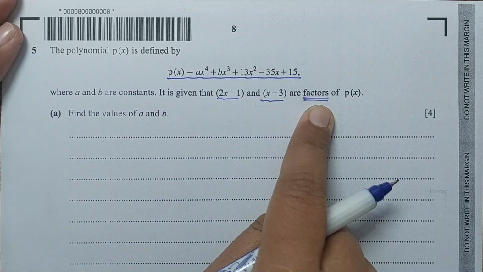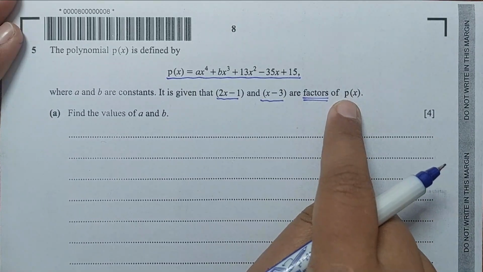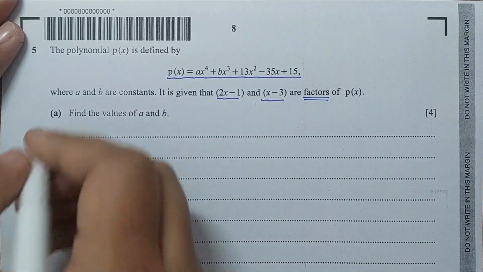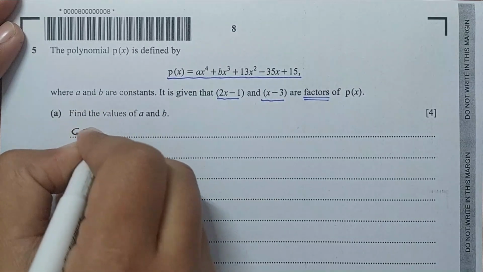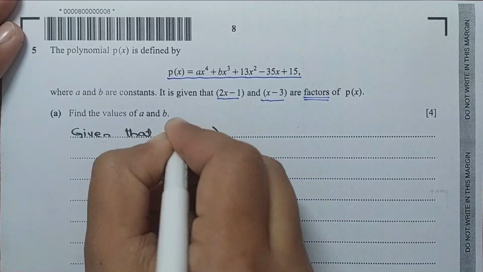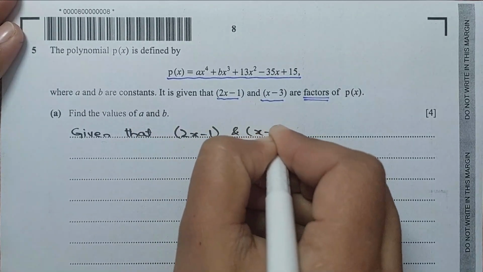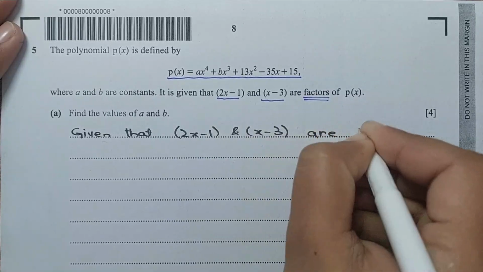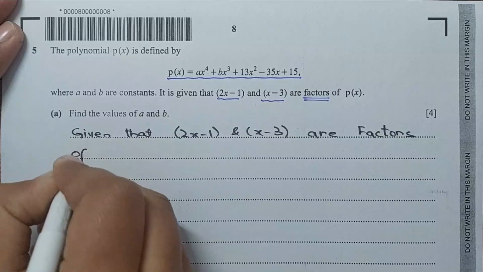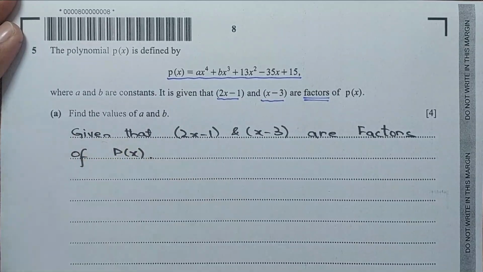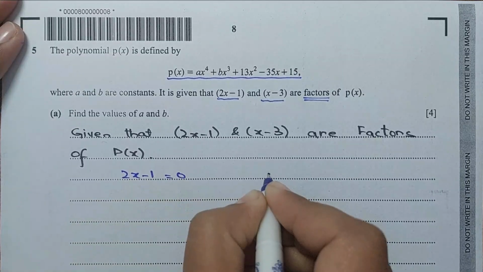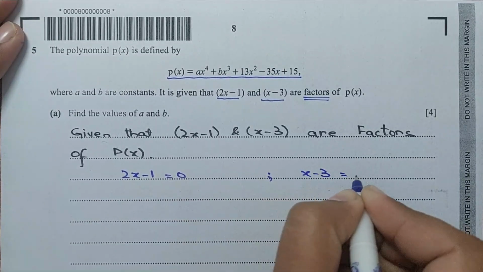If these are the factors, it means p of x should be equal to 0, right? So we can say, given that 2x minus 1 and x minus 3 are factors of p of x, then 2x minus 1 equals 0 and x minus 3 equals 0.